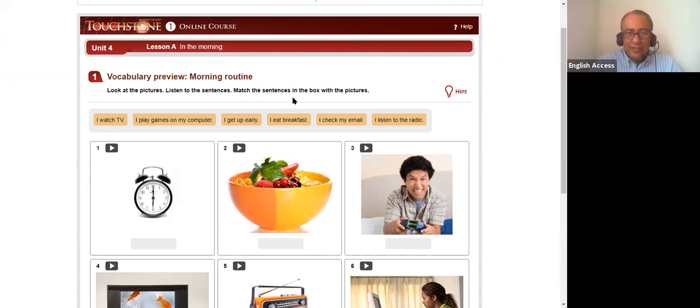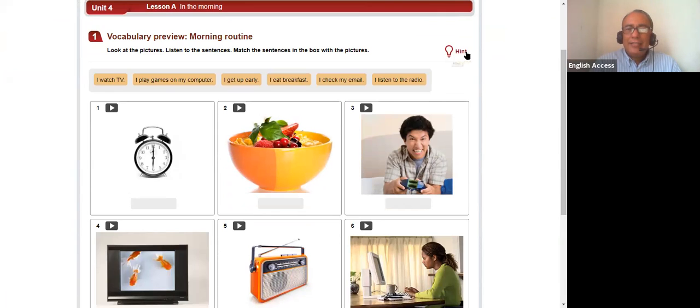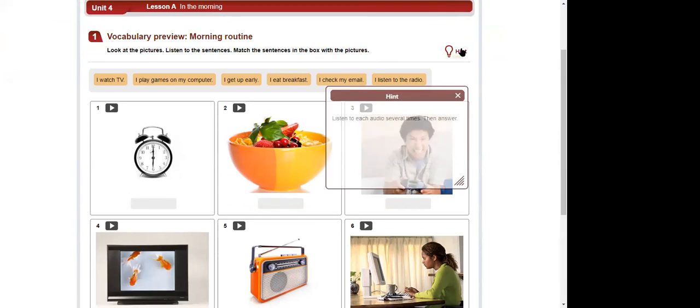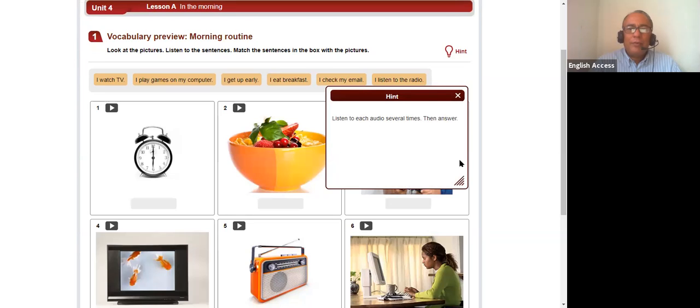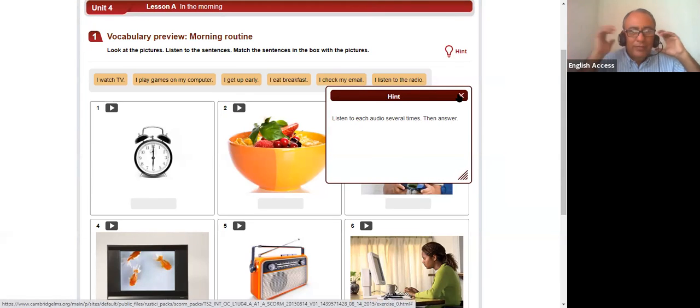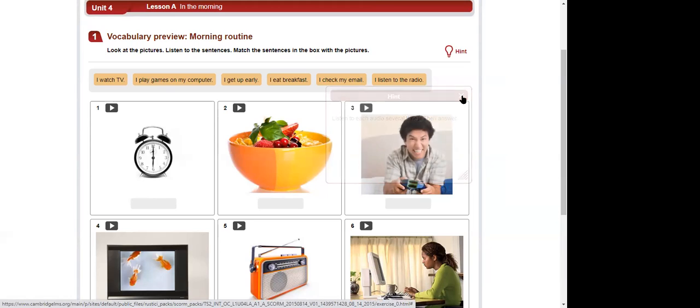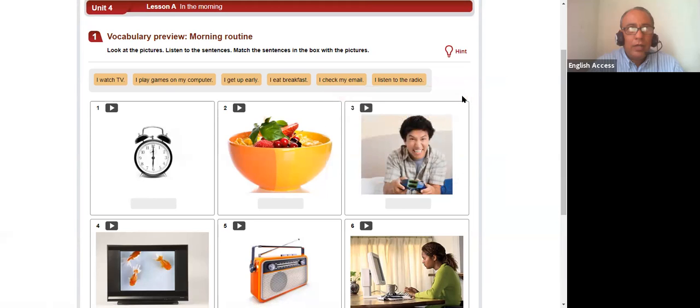Match the sentences in the box with the pictures. Hint means una clave, una ayuda. Listen to each audio several times and then answer. Escúchenlo varias veces y luego contesten. Hint es como una ayuda, una clave, como una pequeña pista.